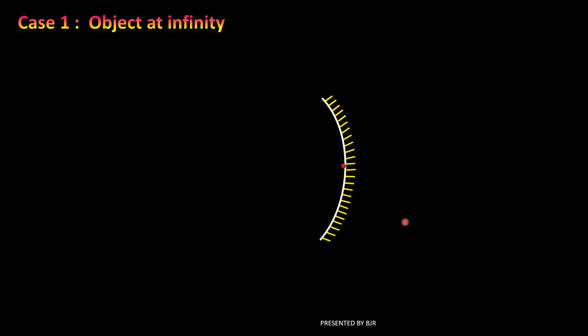Okay, so P is the pole, C is the center of curvature, and F is the focal point. And here is the principal axis. Okay, now I am showing this mirror towards a very distant object this side, say a tree. And here are the parallel rays which are coming parallel to the principal axis.